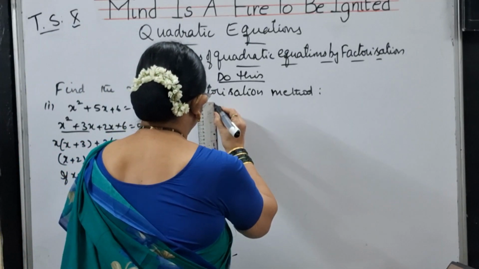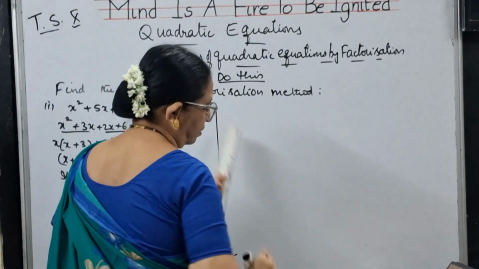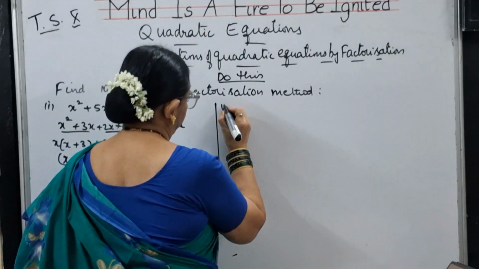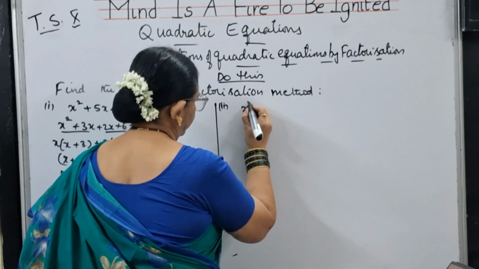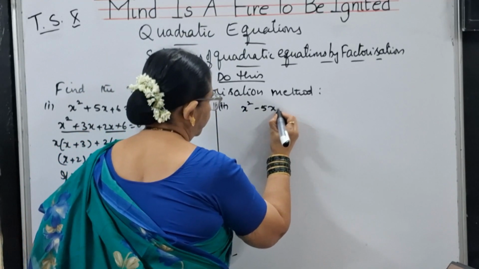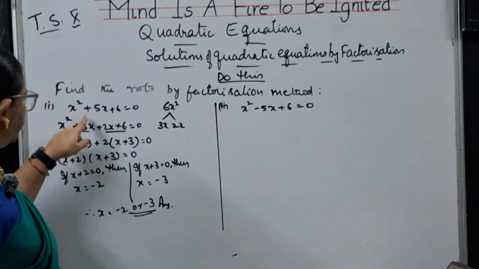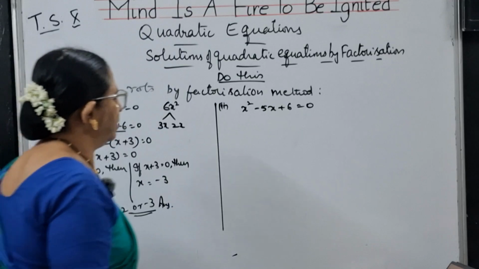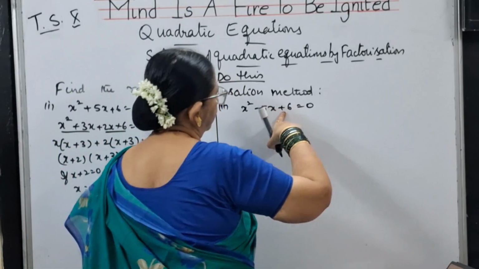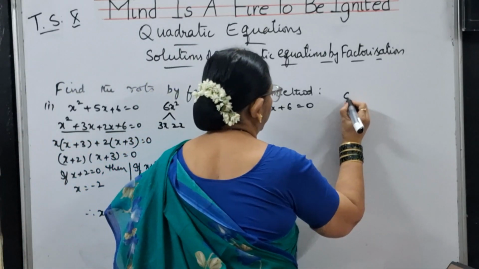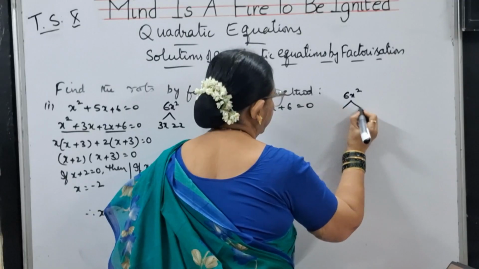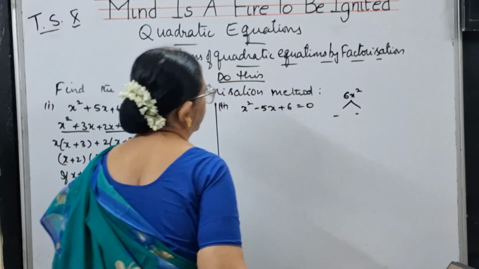Now, let us go with the second bit. Second bit, x² - 5x + 6 = 0. See the difference here, plus 5 is there, here minus 5 is there. But here you have plus. That means you have to take two factors which are minus only.